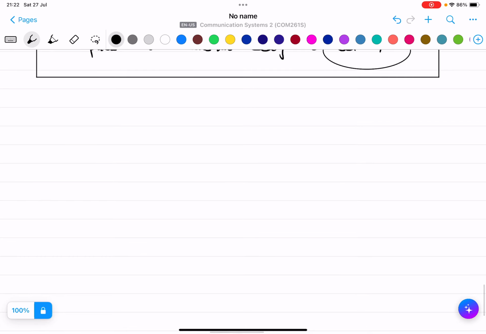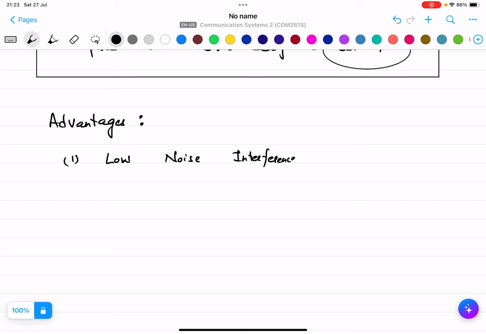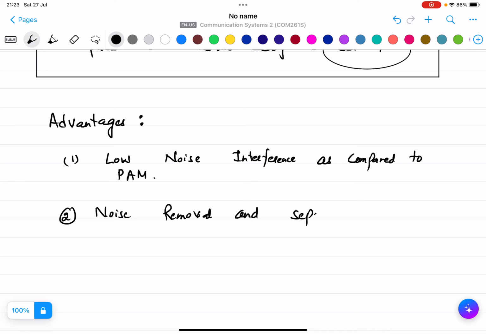Next are the advantages of PPM. The first one is low noise interference as compared to PAM. Second is noise removal, and noise removal and separation is very easy.